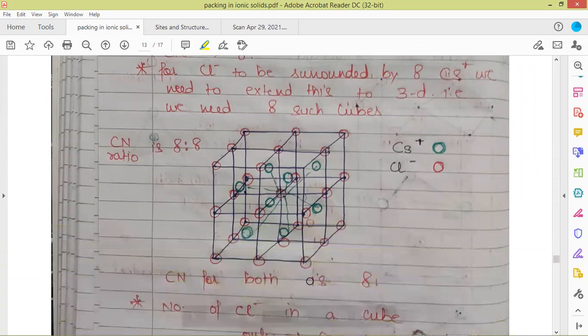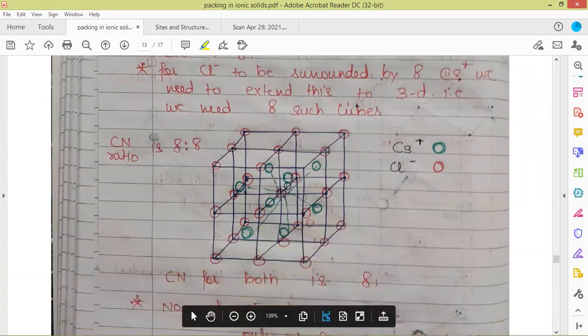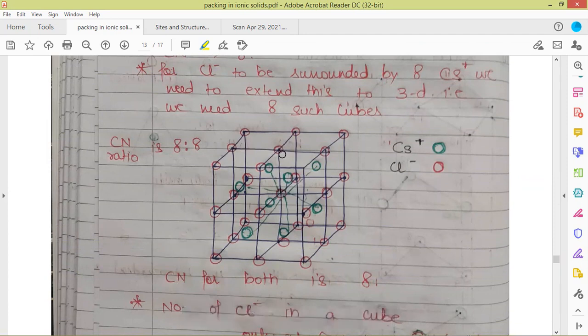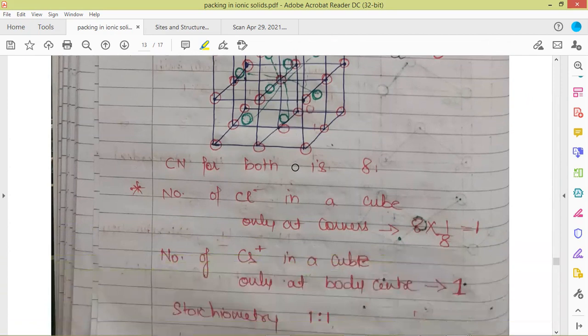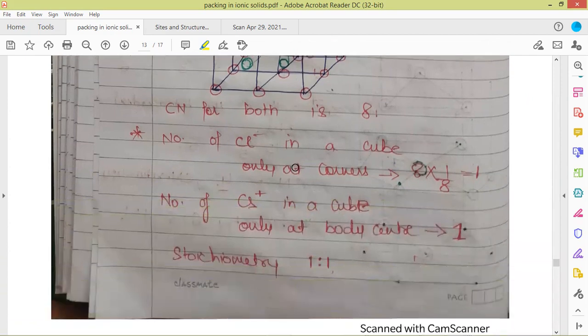Here is the extended network where each chloride ion is shown to be surrounded by 8 cesium ions. The type of sites being occupied are the cubic sites, which are also the body centered sites. So the stoichiometry ratio is 1:1 and the coordination ratio is 8:8.